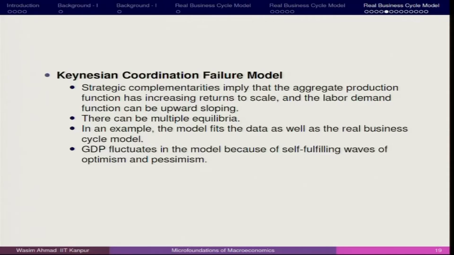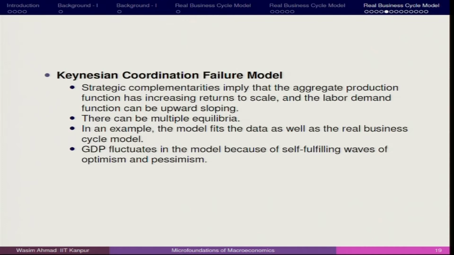The Keynesian school of economic thought, when they argued with this coordination failure model, said that if you do not have strategic complementarities playing an important role in the economy, then it becomes really difficult to fit the data in the model.